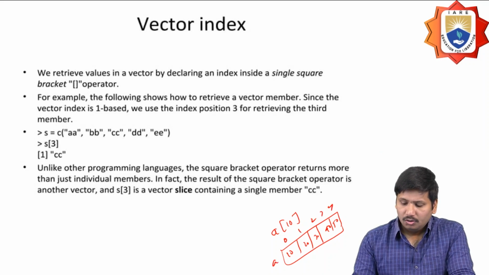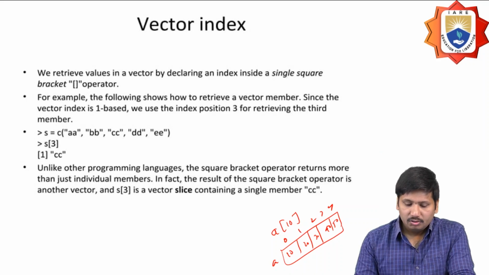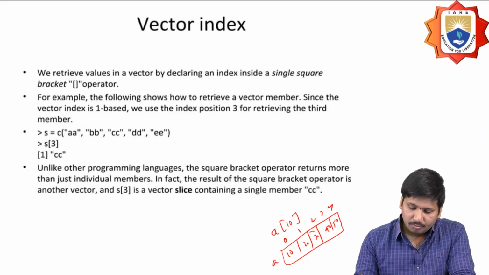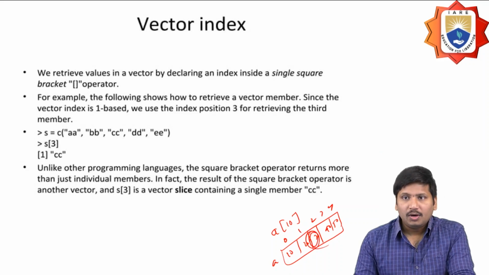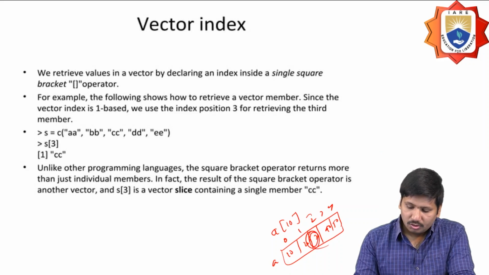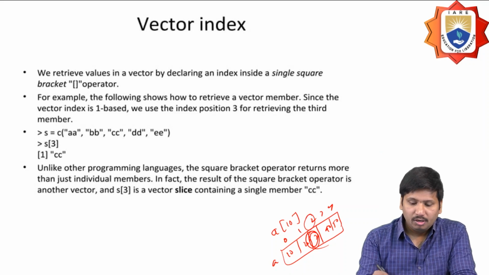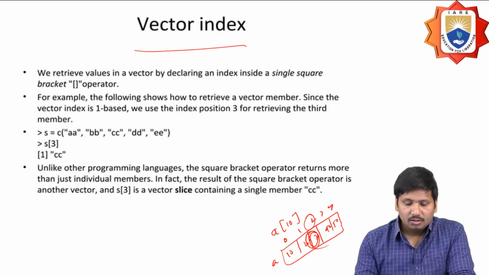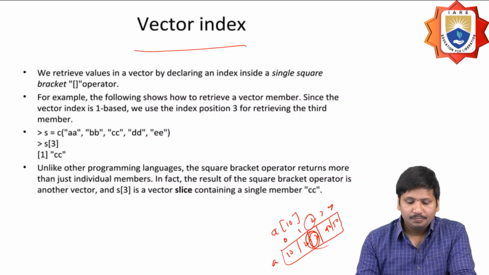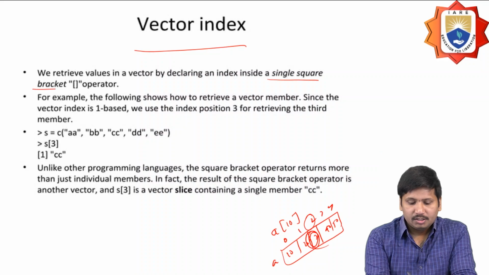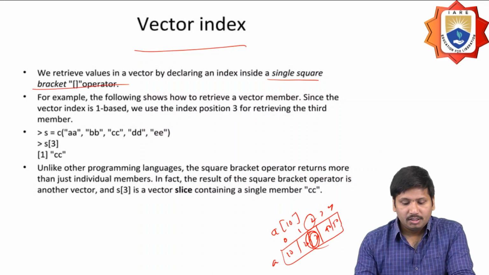That is the notation to be followed. Similarly in a vector, I can access a particular value based on this index value only, using the single square bracket operator.